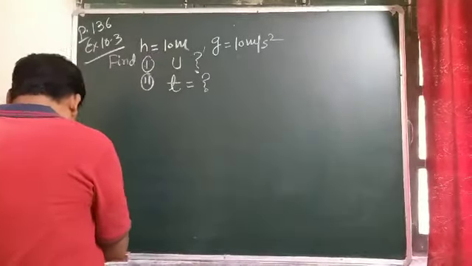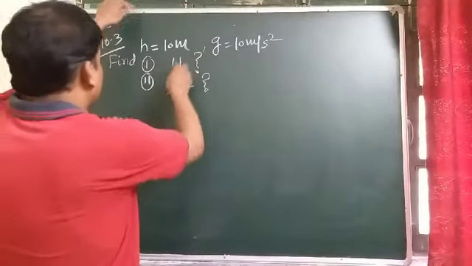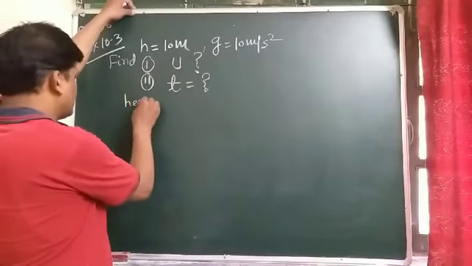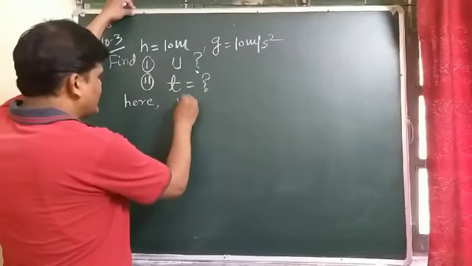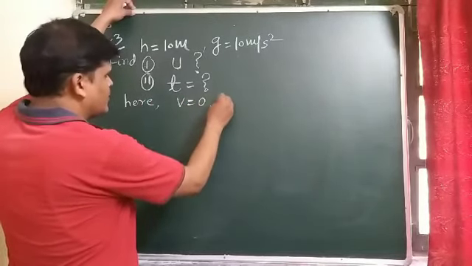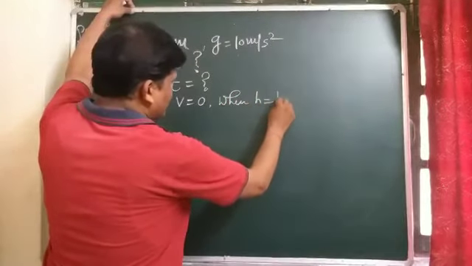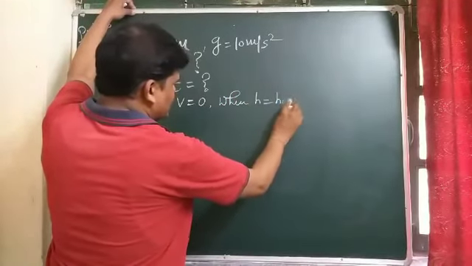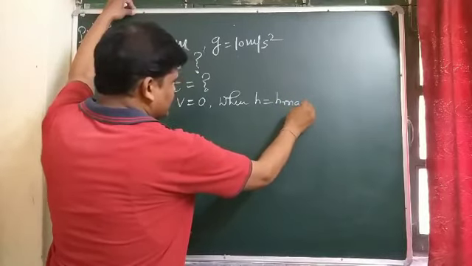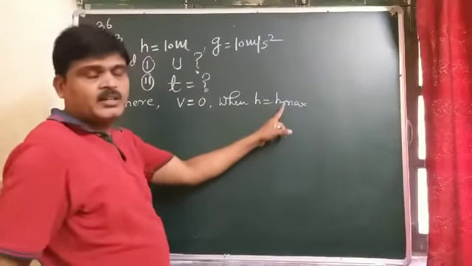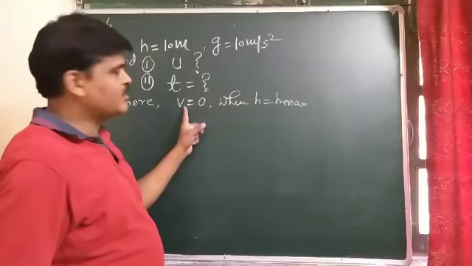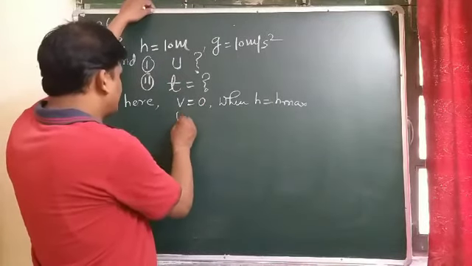So v equal to 0 when h equal to h max, and we have to find the initial velocity.